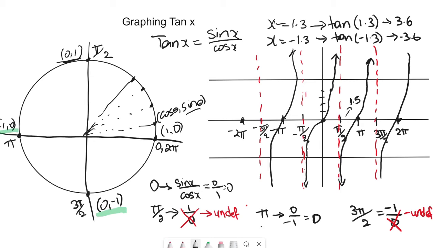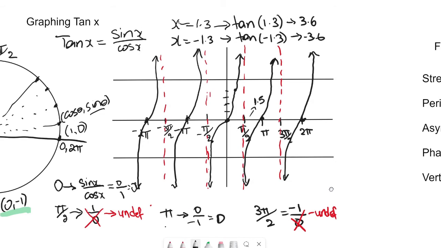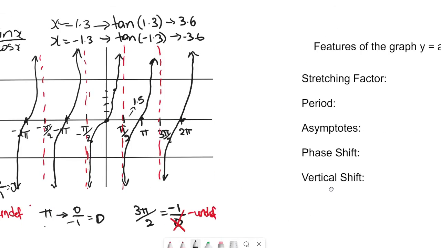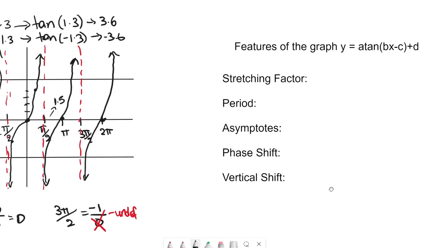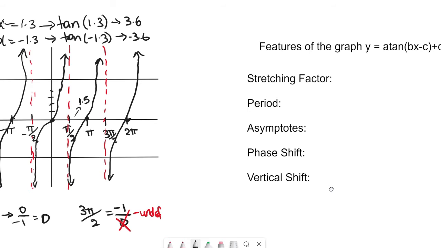Now, like I said before, there are some things that are going to be a little bit different when it comes to the graph of tan, right? And so let's look at the different characteristics we saw before when we were doing the sine and cosine graph. Before, if you recall, we looked at a few features of the sine and cosine graph, right? We looked at the amplitude and those type of things, but those things are not going to be in play here.